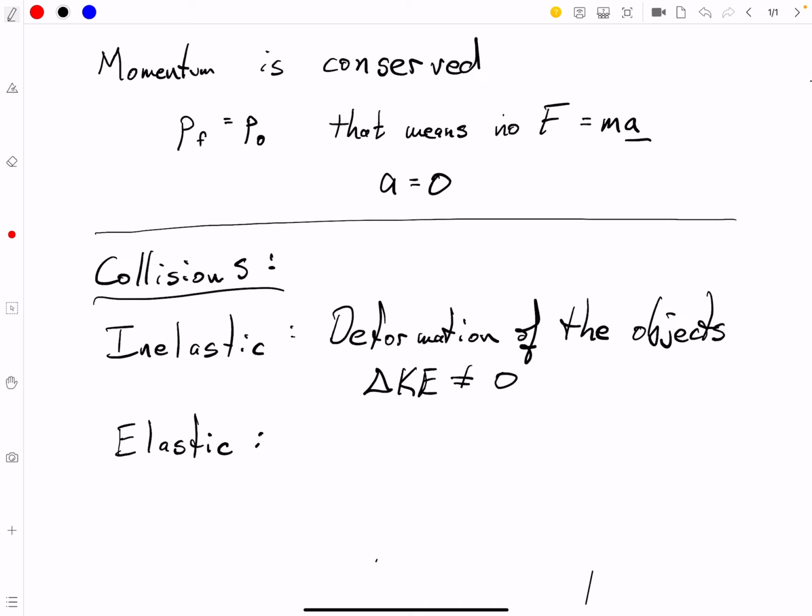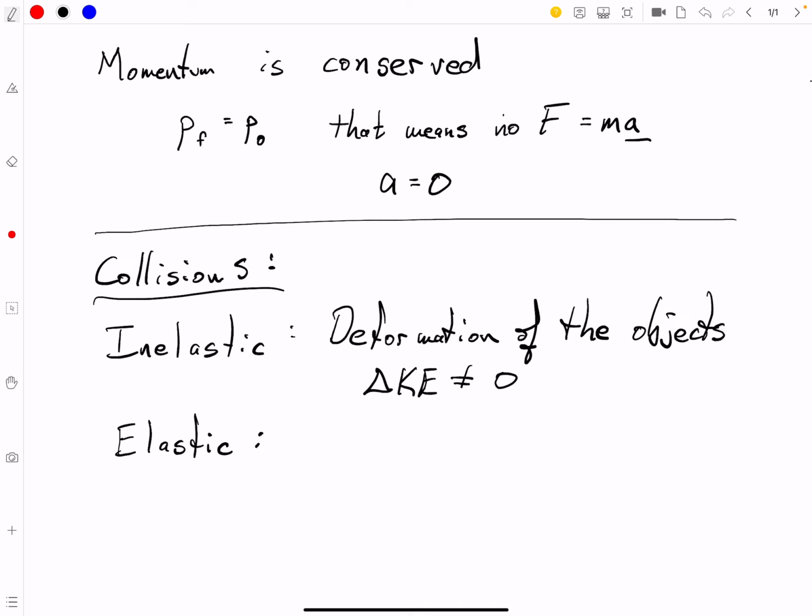In an elastic collision, the deformation is minimized or we ignore it. There's always deformation, of course, always friction, entropy always comes into play, but for all intents and purposes, we can't necessarily measure it sometimes with our abilities at this level of laboratory.